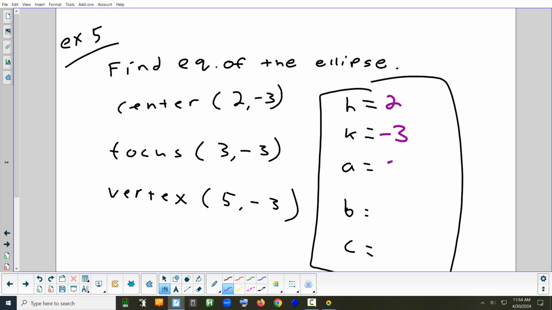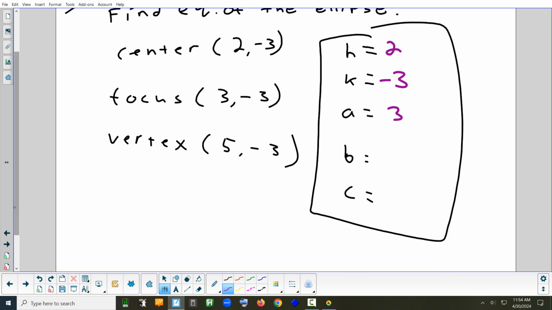If you have trouble seeing it without a sketch, you could always make a sketch. So the center is right 2, down 3. The vertex is right 5, down 3. Distance between the center and the vertex, 1, 2, 3 units. And there's also another vertex over here somewhere.